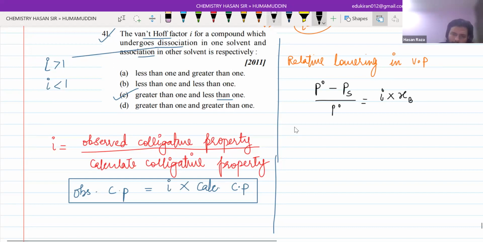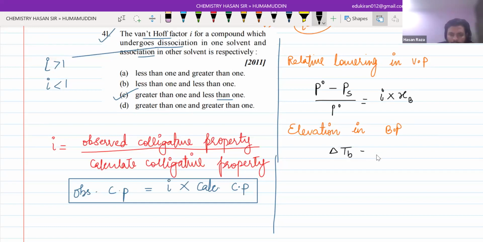The next one was elevation in boiling point. Now it is modified into delta Tb equal to i into Kb into m. And then the next, depression in freezing point: here delta Tf will be equal to i into Kf into m.